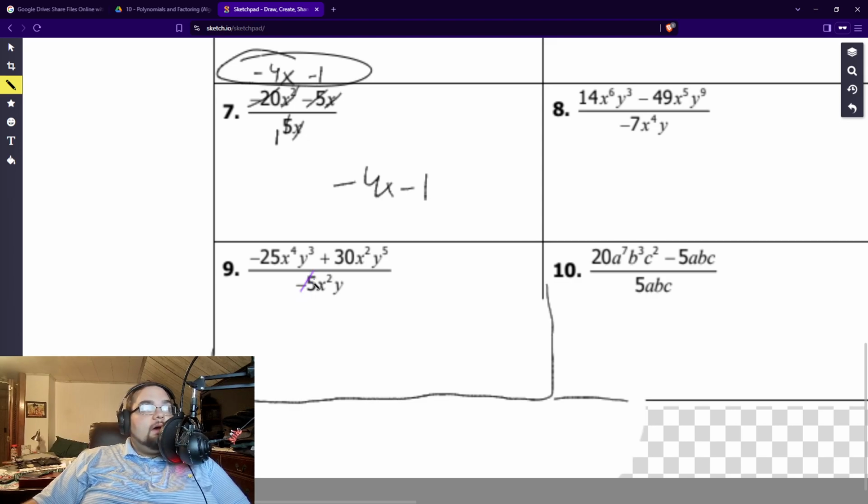The -5 becomes a 1. 30 divided by -5 will be a -6, and -25 divided by -5 will give me a +5. X squared is gone. X to the 4th divided by x squared is x squared. Y is gone. Y to the 5th minus Y to the 1st is Y to the 4th. And Y cubed over Y is Y squared.